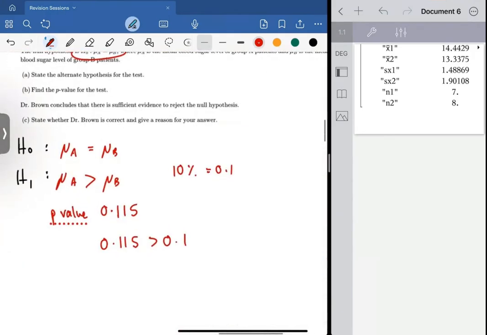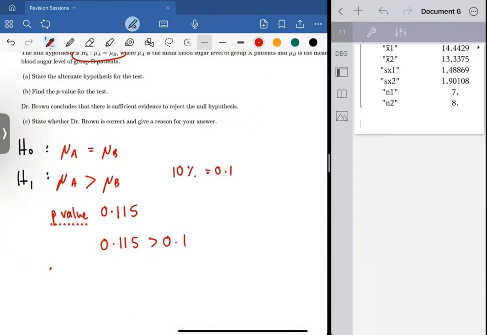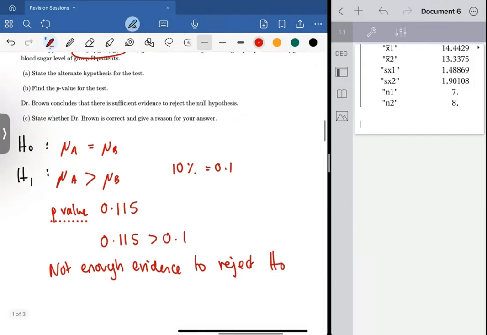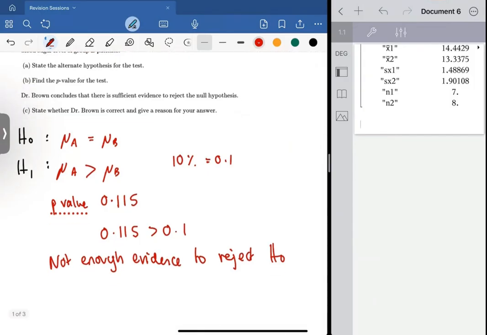It's not gone under that significance level. So there is not enough evidence to reject H0. So what does that mean in that context? Well, it means that the new drug has not really lowered the blood sugar levels. It's just kept it the same. So the new drug is not more effective.